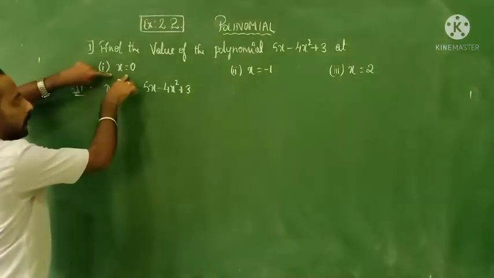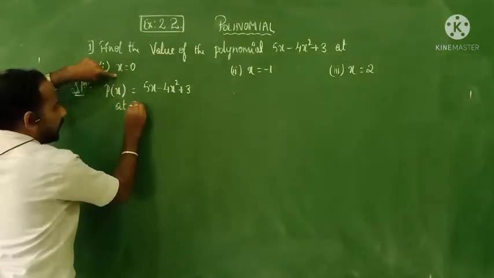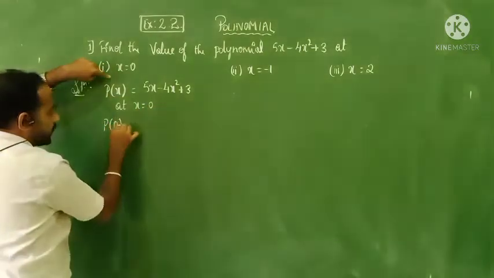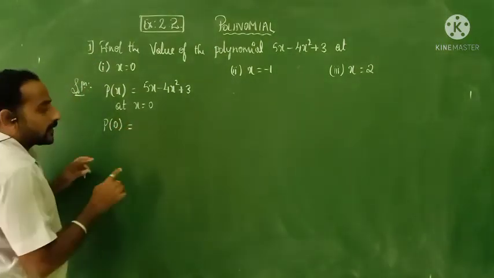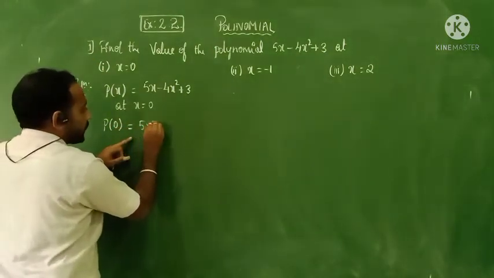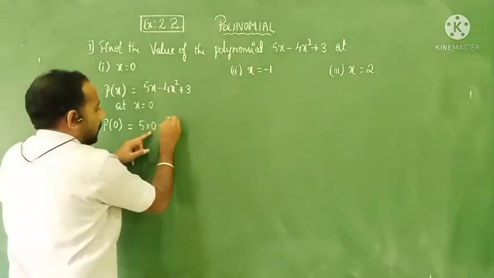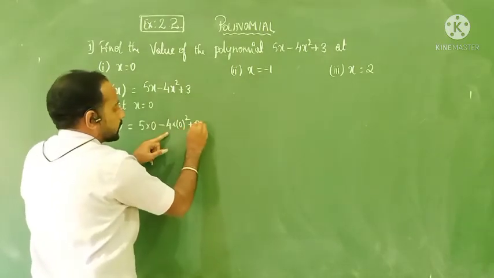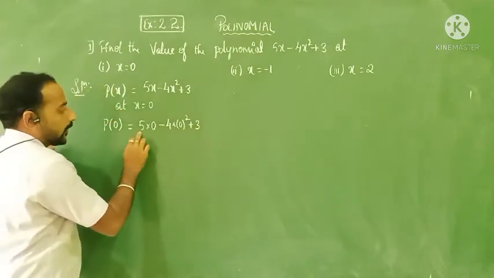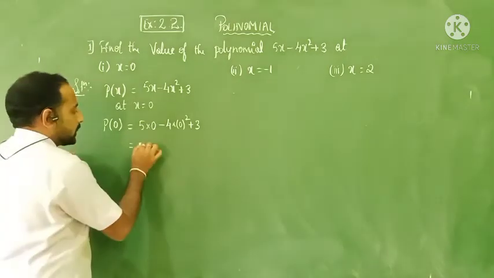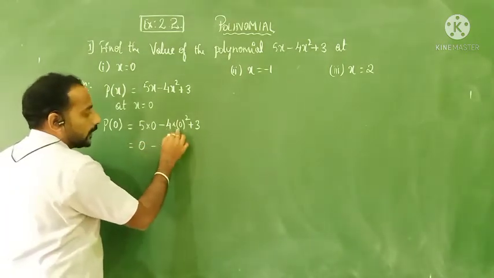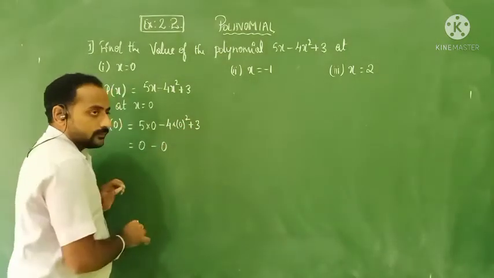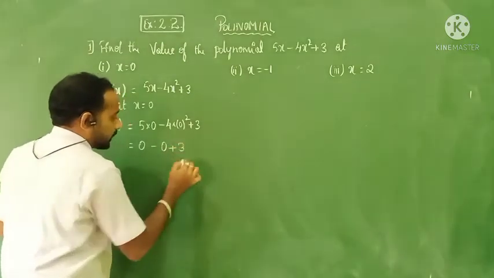Now the value of x is 0. So p of 0 is 5 into 0, the value of x is 0, minus 4 into 0 whole square plus 3. 5 into 0 is 0, minus 4 into 0 square. 0 square is 0, 0 into 4 is 0, plus remaining 3.